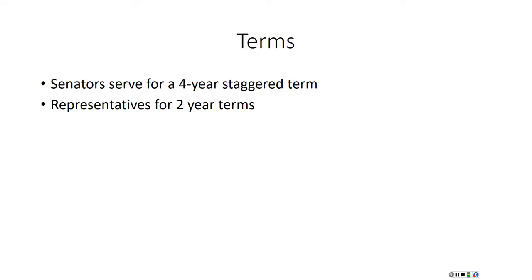Terms, once again: senators serve a 4-year staggered term. Representatives serve a 2-year term. We do not have term limits. They can serve as many terms as they want.